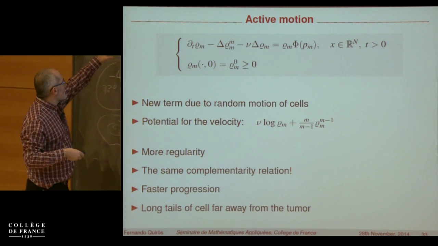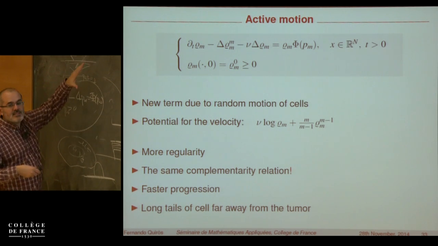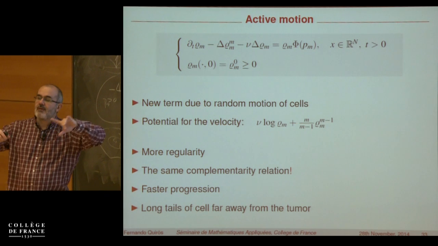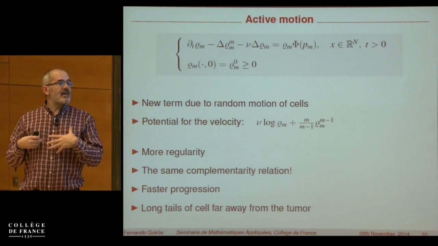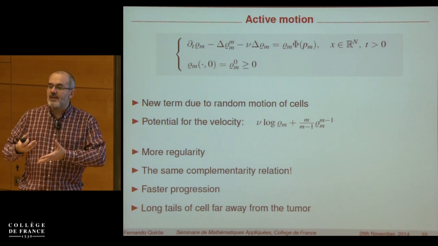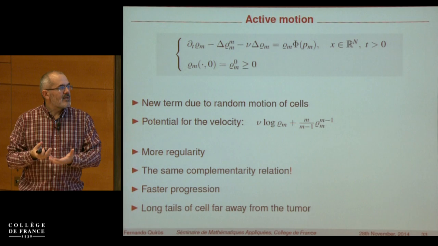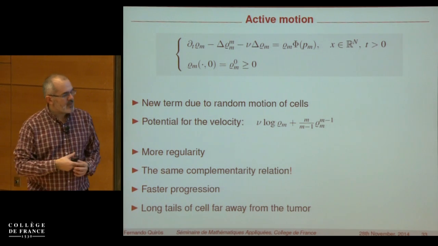The positivity set for the pressure will stay bounded, but this will not be the case for the density, which will become positive everywhere. And since outside the tumor you already have some density, you don't need so much pressure to move the tumor.